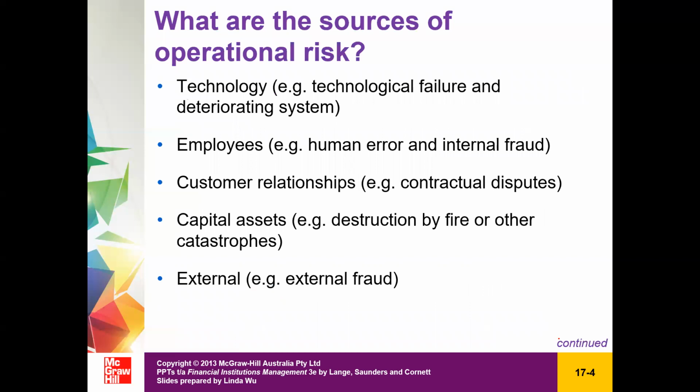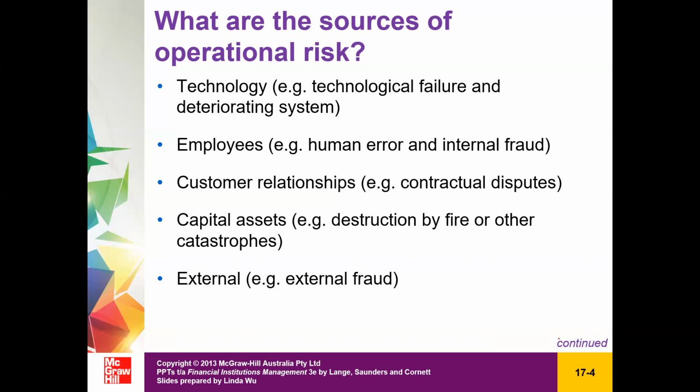So what are the sources of operational risks? Controlling and reducing operational risks improves the operational efficiency of financial institutions. We will be discussing in the coming videos that improvements in operational efficiency lead to an increase in net income, return on assets, and other quantitative measures of financial institutions.